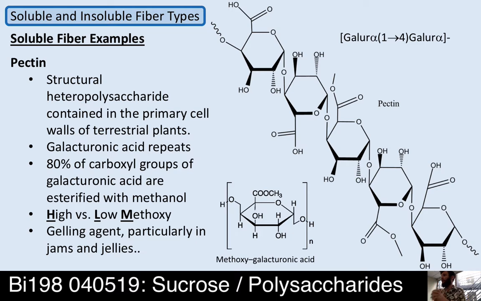It can be a little bit slippery, but also it can go through the same gelatinization process as the amylopectin. So this is the primary gelling agent that you'll find in jams, jellies, etc.